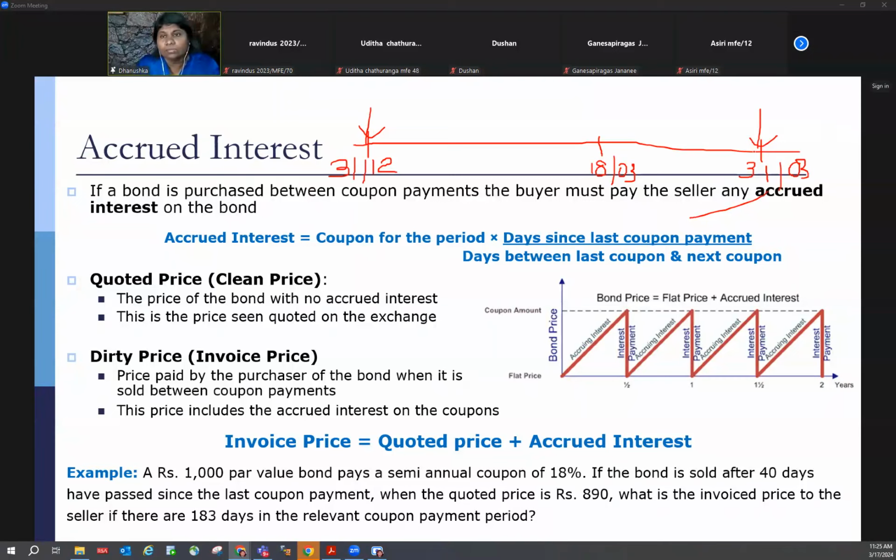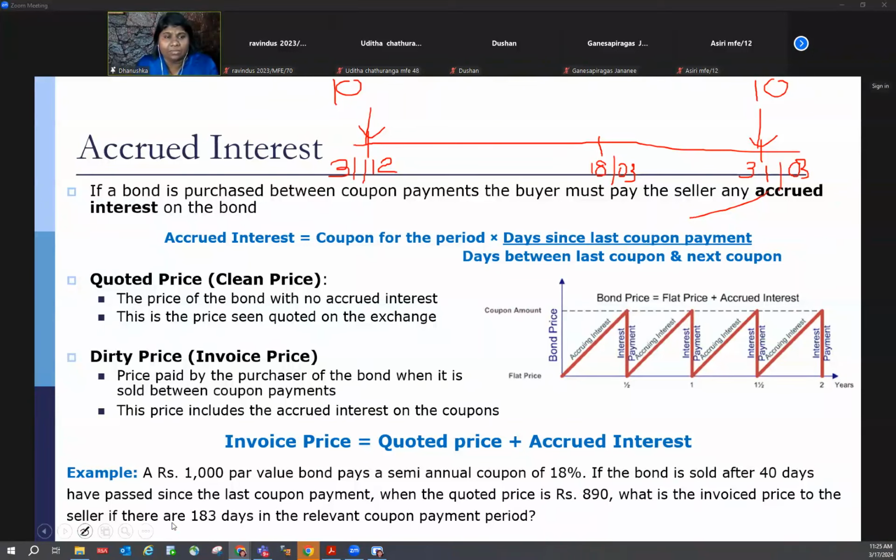Let's assume, as yesterday, that the coupons in my example are 10 rupees. If I waited till 31st of March, I would get 10 rupees. But because I'm selling on 18th of March, I'm not getting the 10 rupees. Whoever buys from me will get it.